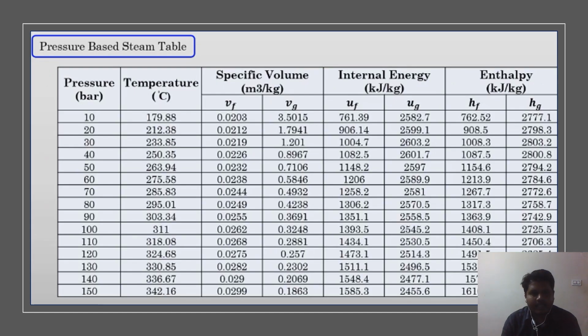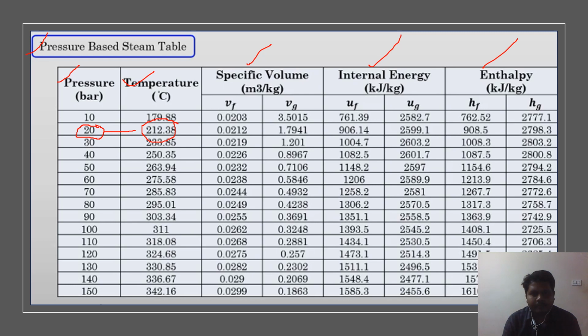Here let us understand the pressure based steam table. As you can see here, the first column is pressure in bar, the second column is temperature in degrees centigrade. Here the temperature is the saturation temperature corresponding to the given pressure. For example, if we take the pressure 20 bar, the temperature would be 212.38 degrees centigrade. Like the temperature steam table, here also we can find the other properties: specific volume, internal energy, enthalpy.